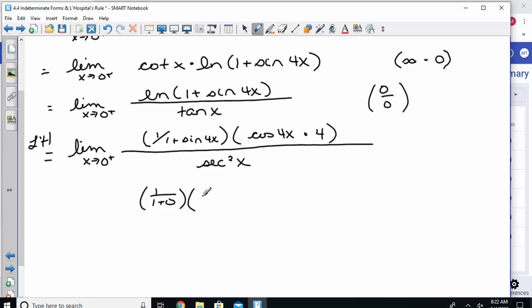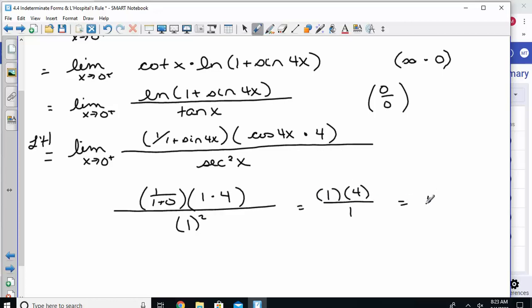Cosine of 0 is 1 times 4 over secant of 0 is, secant is just a reciprocal of cosine. Cosine of 0 is 1, so the reciprocal will be 1 squared. So we end up with 1 times 4 over 1, which is 4.